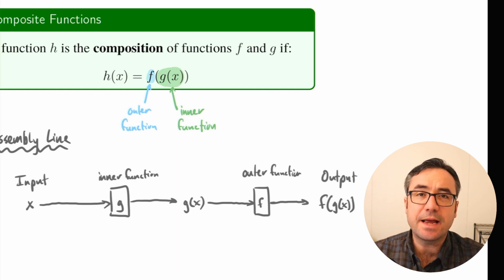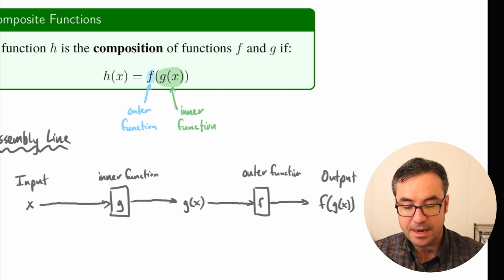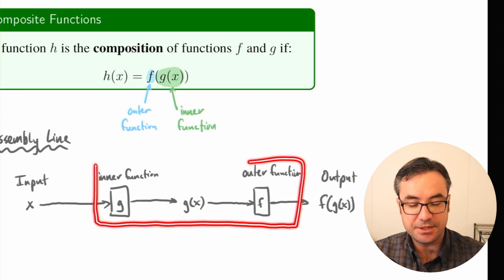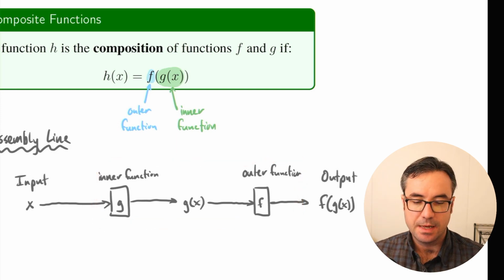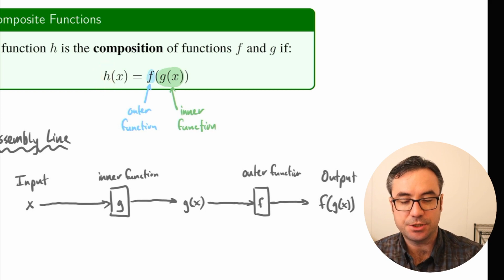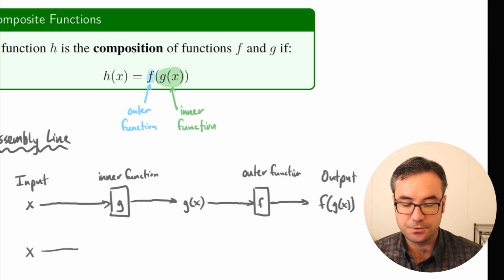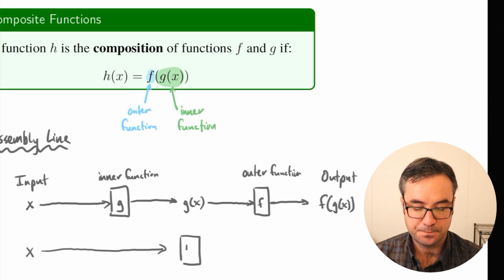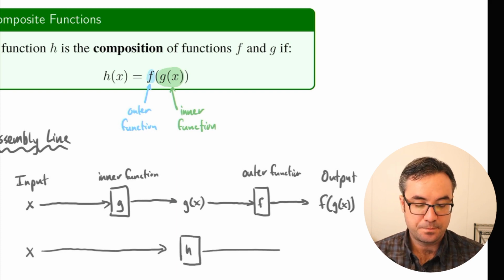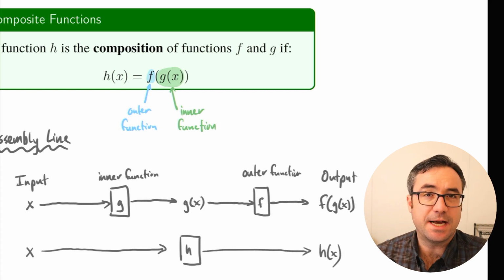And so the idea behind a composite function is we can view this entire process as one function of its own. And that's what we call function h. So we can think of this whole thing as taking an input that goes into function h, and h does its own thing and spits out h of x.